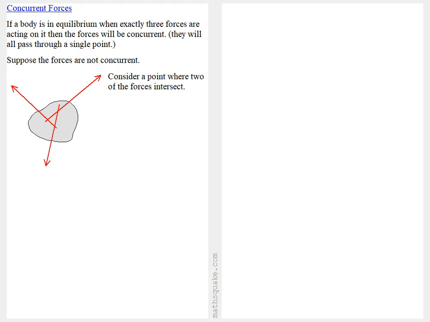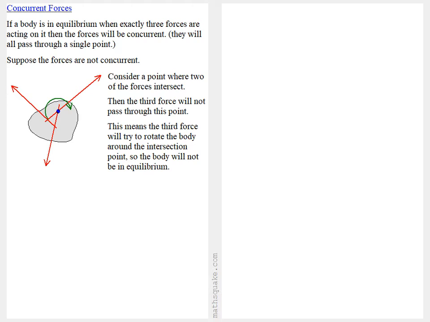Then consider a point where two of the forces intersect. The third force will not pass through this point. This means the third force will try to rotate the body around the intersection point, so the body will not be in equilibrium. Now this is not possible because we're told that the forces are in equilibrium, so the forces must be concurrent.